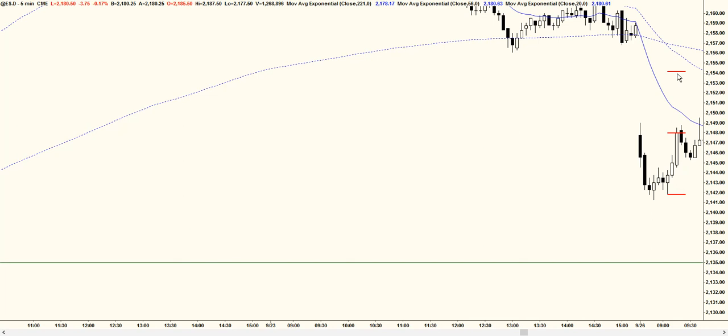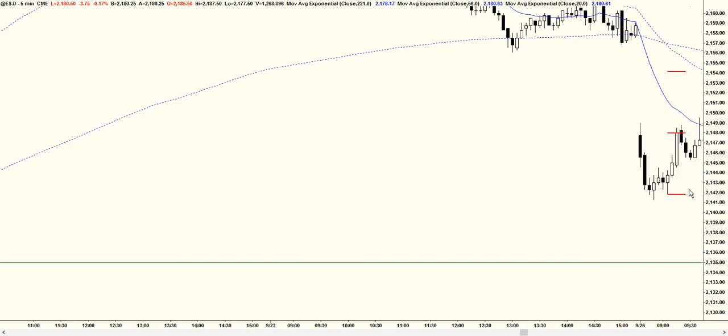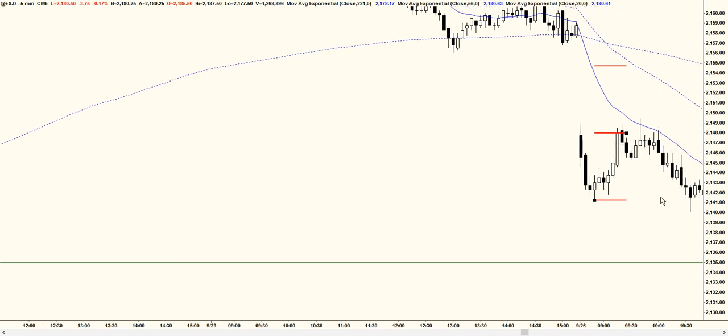Can we get a 1-to-1? Well, again, you probably need a 2-to-1 because the math isn't that great. If the breakout fails, we could easily fall down here. So really, the only way to make this math work really well is to put your stop down here and scale in, which in this case, a trader would have lost.